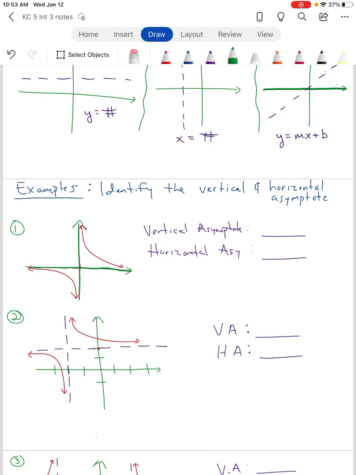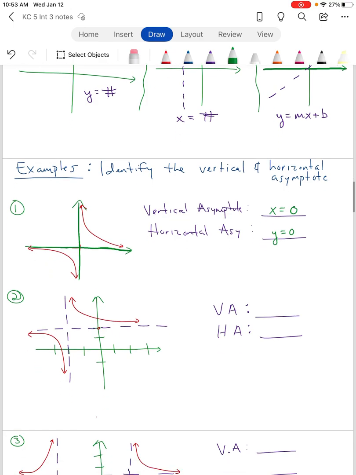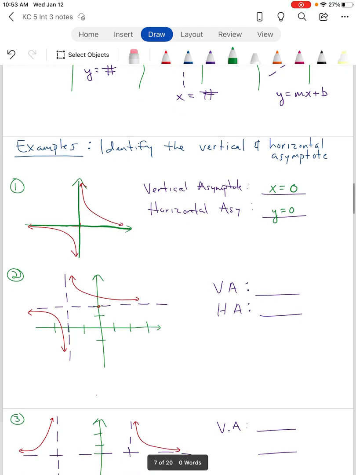So I can say that my vertical asymptote is at x equal to 0. And similarly, the horizontal asymptote is the x-axis, so that would be y equal to 0. And that's it. This is your final answer. Those are the equations for your vertical and horizontal asymptote.